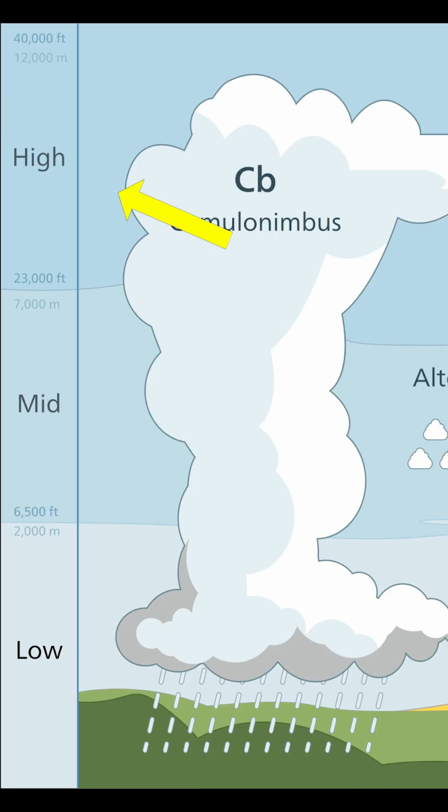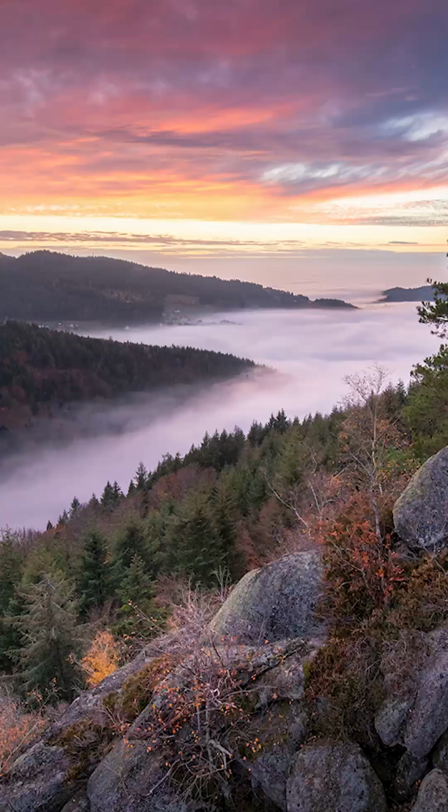And then you have the high clouds going from 7,000 meters and above. When it now comes to afterglow at sunrise or sunset, only the mid-level and the high clouds are beneficial to have these largely red skies at sunrise and sunsets.